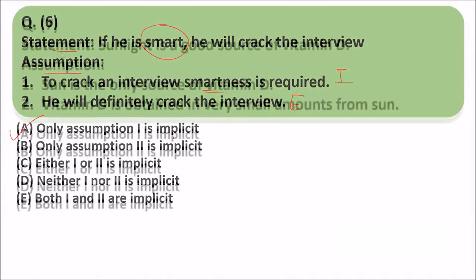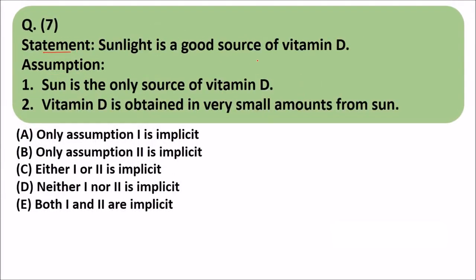Moving on. Statement: sunlight is a good source of vitamin D. Assumption: sun is the only source of vitamin D. Second, vitamin D is obtained in very small amounts from sun. Now the first assumption, sun is the only source of vitamin D. Has it been mentioned in the statement anywhere that sun is the only source of vitamin D?